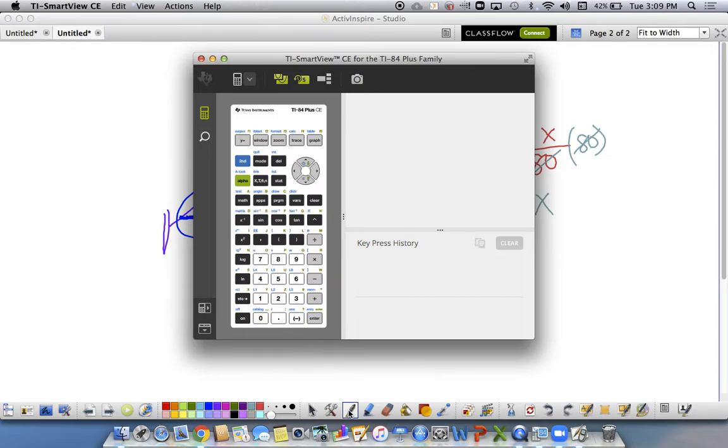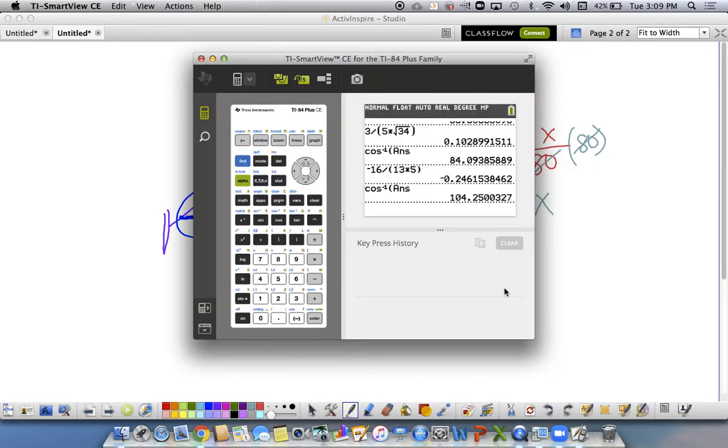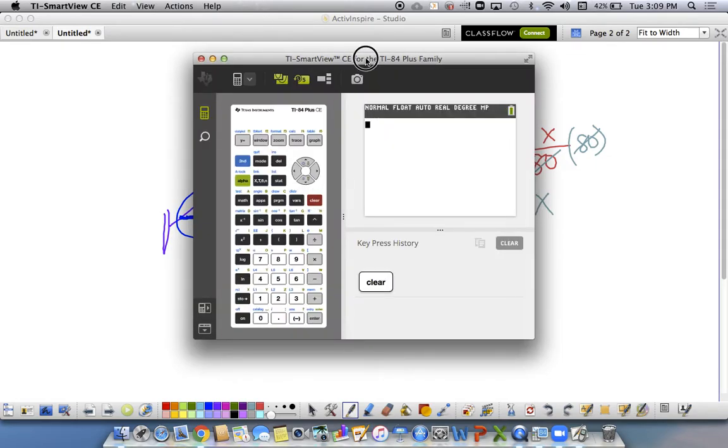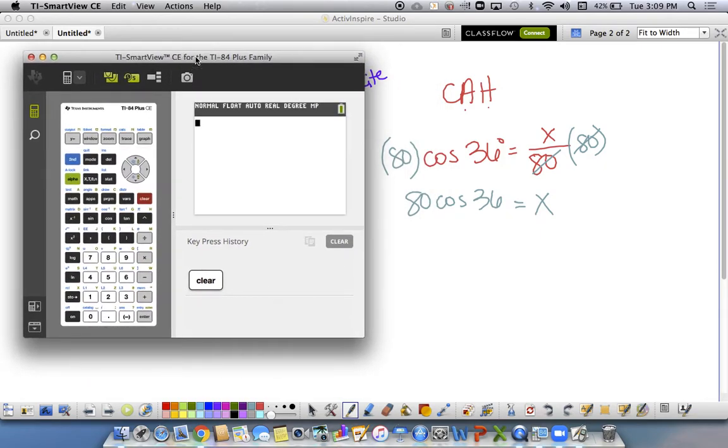So I just want to show you what it's going to look like to plug into your calculator. I'm going to scroll this way so I can see the problem. I'm just going to put 80. I'm not even going to put a times sign. It knows if it's beside it, it will be times. Cosine 36. I don't even have to close that parenthesis because it's an extra button. So what is 80 cosine 36?